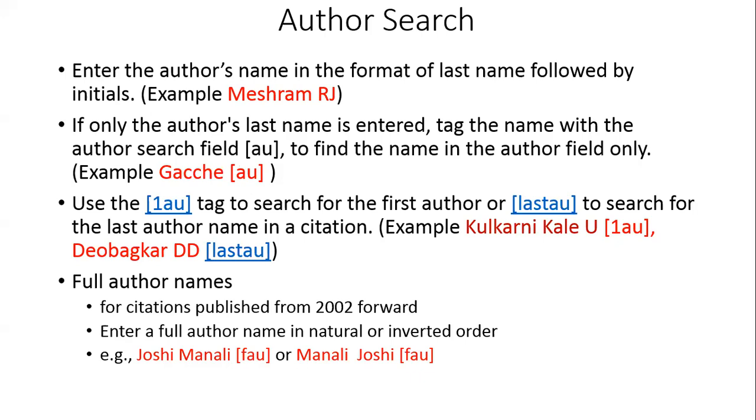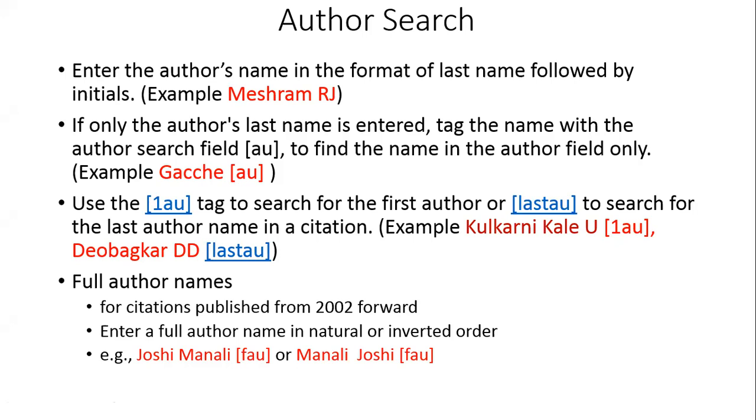For example, if you search Gache and give the tag AU, PubMed would search only in the authors list and sort out articles authored by this researcher with Gache as a surname.